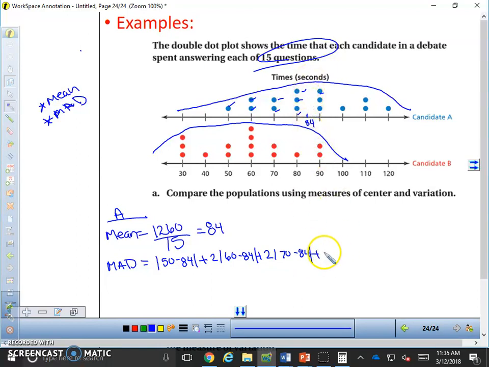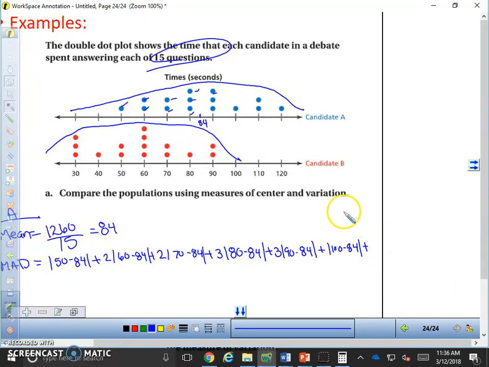Plus the distance between 3 80s and 84, then 3 90s and 84, then 100 and 84, then 2 110s and 84, and 120 and 84.